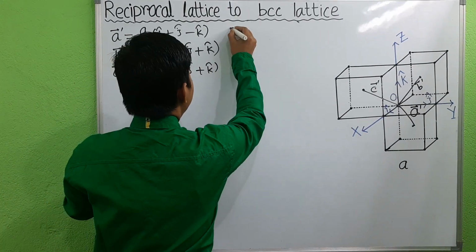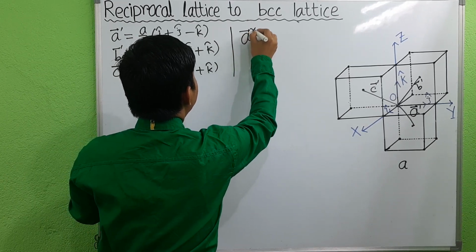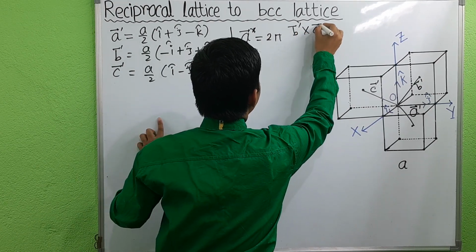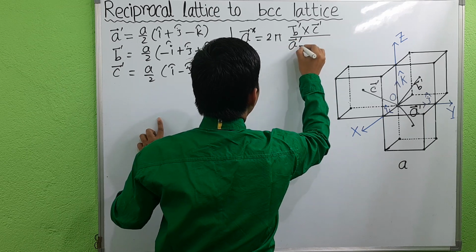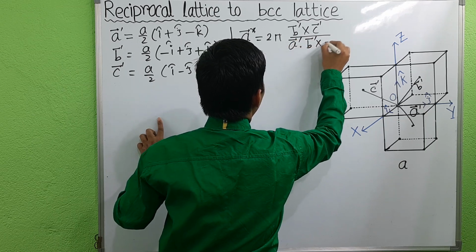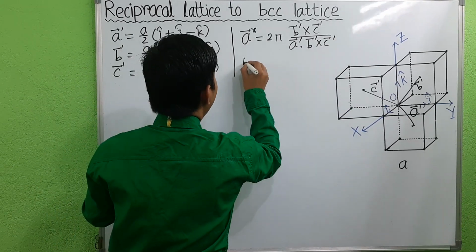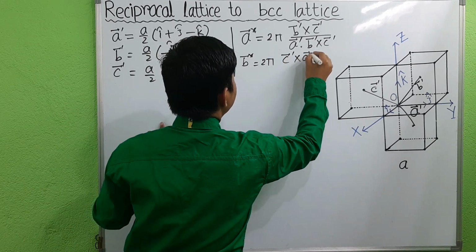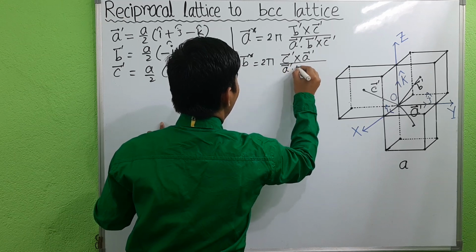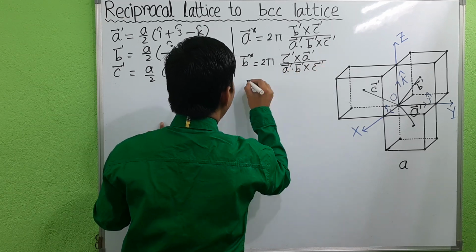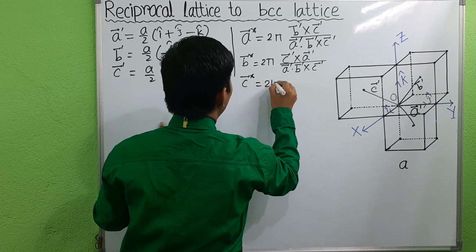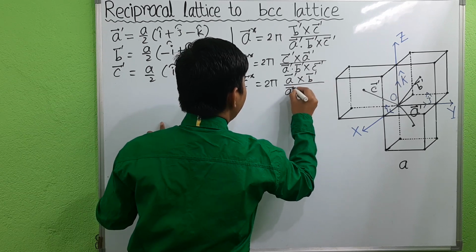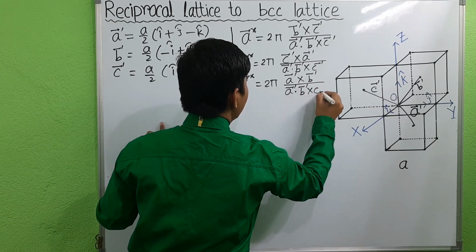We know that the reciprocal lattice vectors are: a vector star equals 2 pi b dash cross c dash by a dash dot b dash cross c dash; b vector star equals 2 pi c dash cross a dash by a dash dot b dash cross c dash; and c vector star equals 2 pi a dash cross b dash by a dash dot b dash cross c dash.